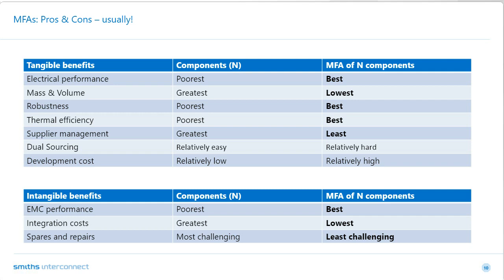And again, development costs. Usually these components are already in place. However, putting them into a multifunction package, and the layout within that, is a relatively high expense, so they usually have NRE with multifunction packages. Going down to intangible benefits, as mentioned earlier, EMC performance is much better within an MFA. You've got one sealed package.